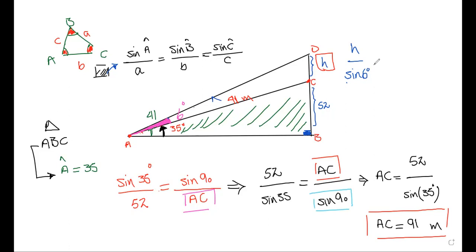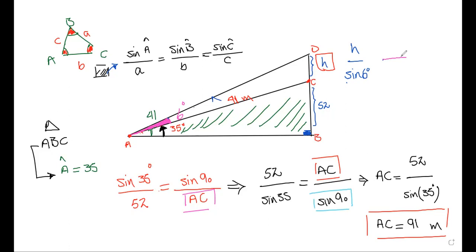Now I'm looking for the second ratio to make this meaningful. What is the second ratio I can find? Find the angle for C. If I find the angle for C, I ask myself, what is the length?